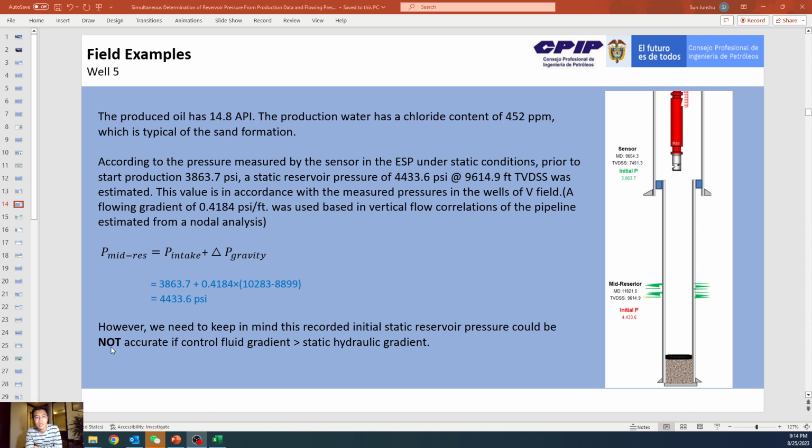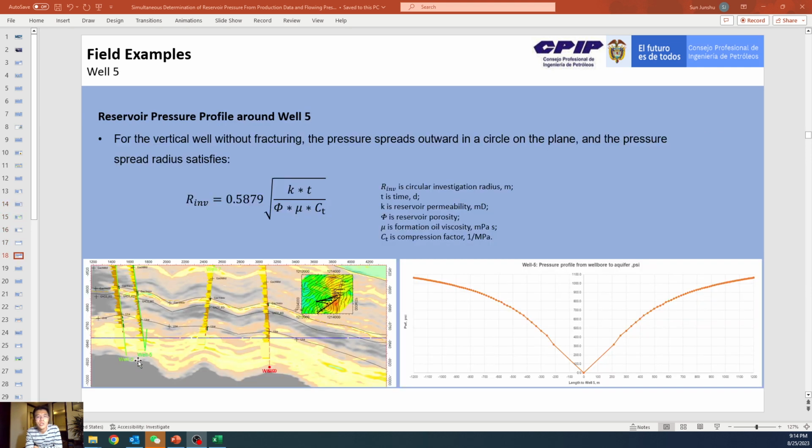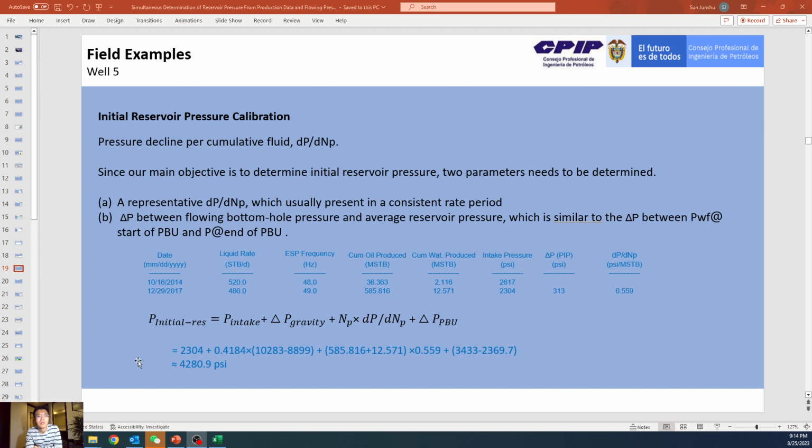As we noticed, this number could be inaccurate because of the control fluid gradient problem. So we need to calibrate the initial reservoir pressure. The procedure is as follows.